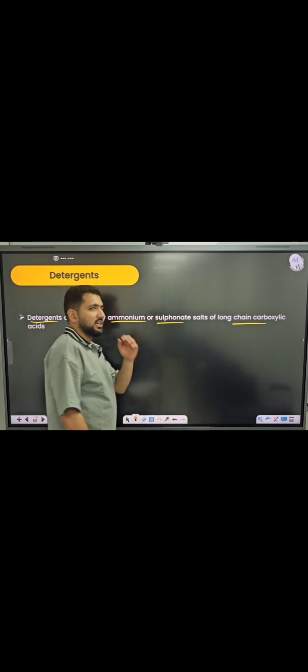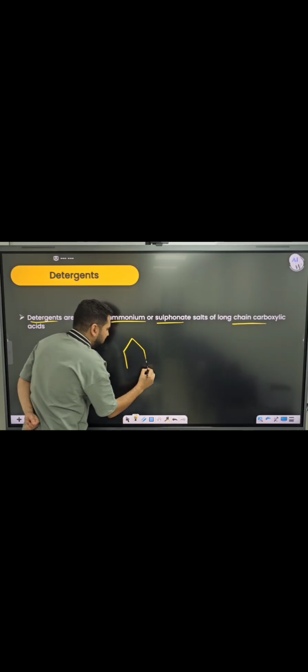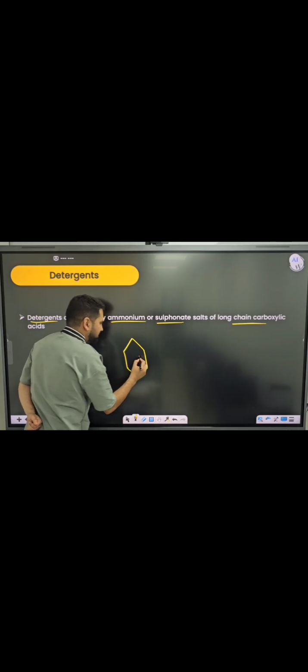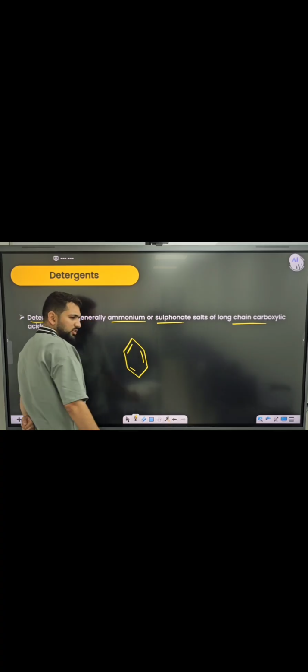Let's now move ahead, guys. Now we have detergents. What are detergents, guys? Detergents are generally ammonium or sulfonate salts of long chain carboxylic acids. In detergents we have this type of benzene ring, right?